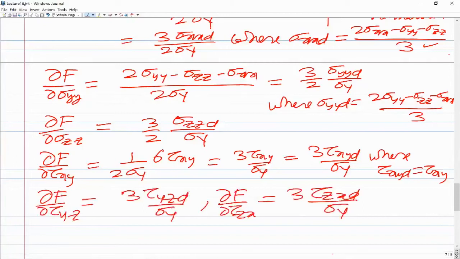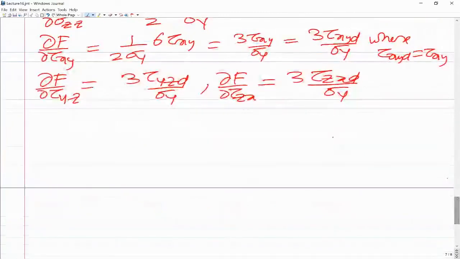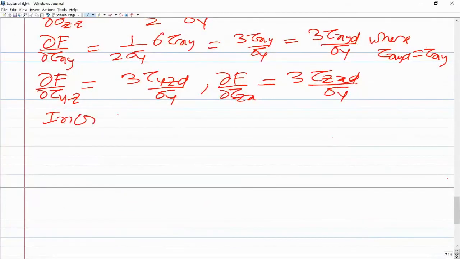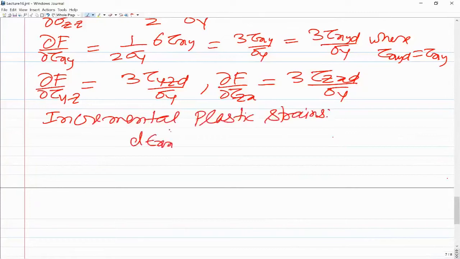So now we are using the associative flow rule. If you look at the incremental plastic strains, we know that d of epsilon xxp is lambda times del f by del sigma xx. For the associative flow rule, q is equal to f. So we are using del f by del sigma xx, which is already 3 sigma xxd upon 2 sigma y.